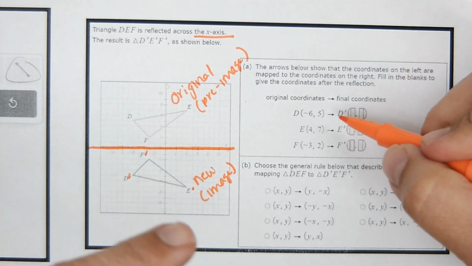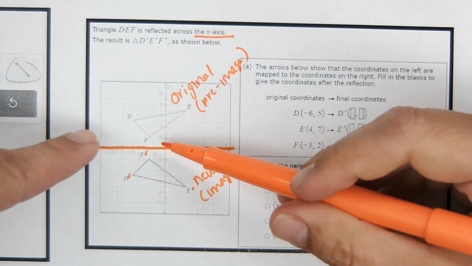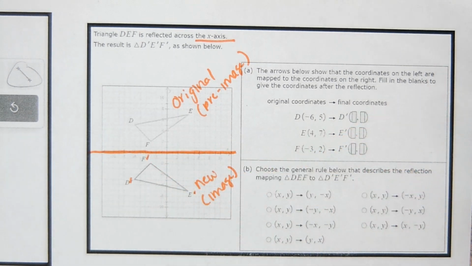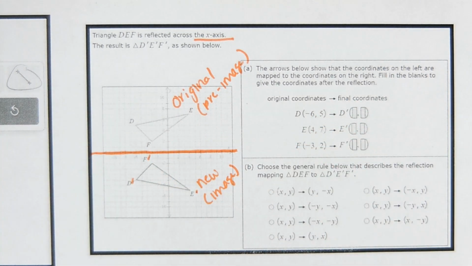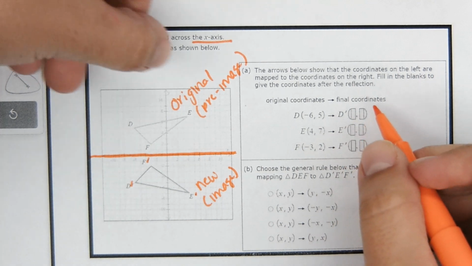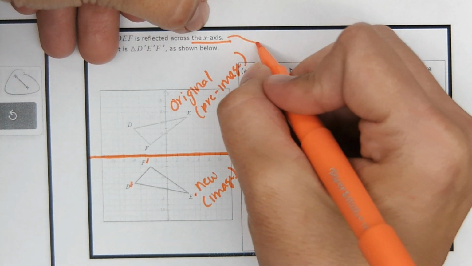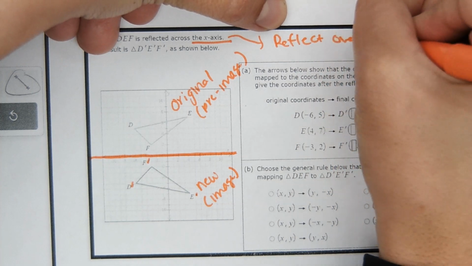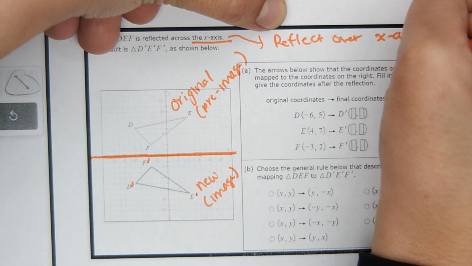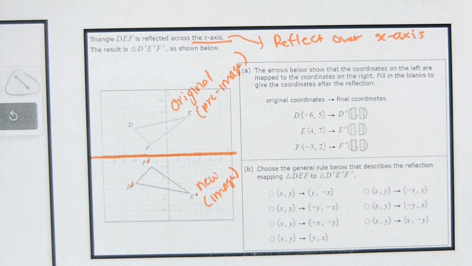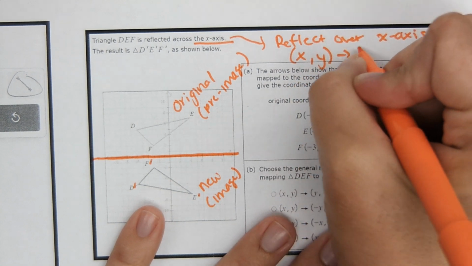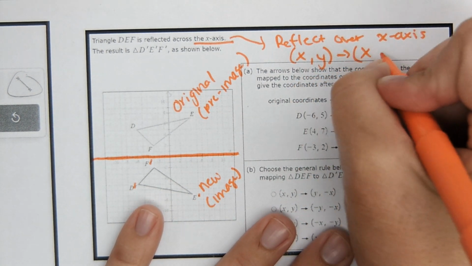Okay, so I asked about the coordinates. Now, on the computer, this will be easier because you can actually see the coordinates, whereas the copy didn't come out right, so you can't see the numbers. So what we're going to do to find these coordinates, we're going to use the coordinate rule. So reflect over x-axis, and then on our board, when you have a point that reflects over the x-axis, like (x, y) becomes (x, -y).